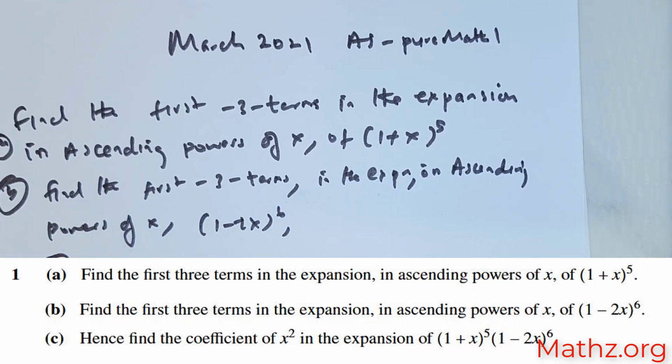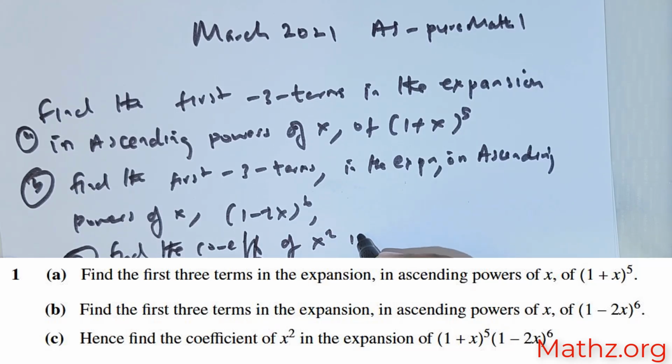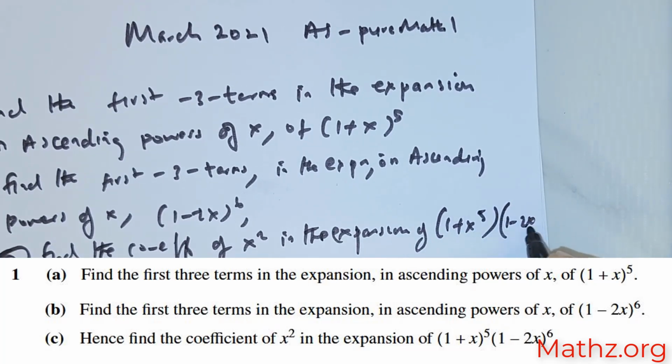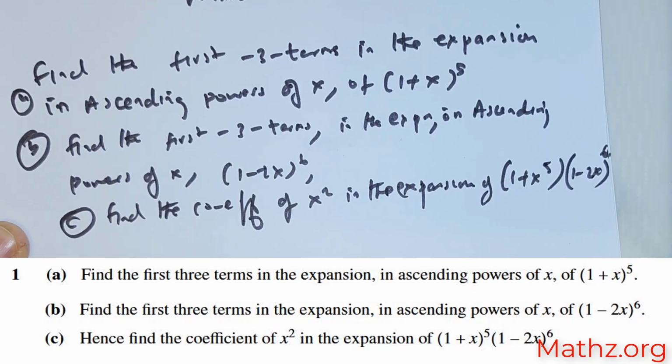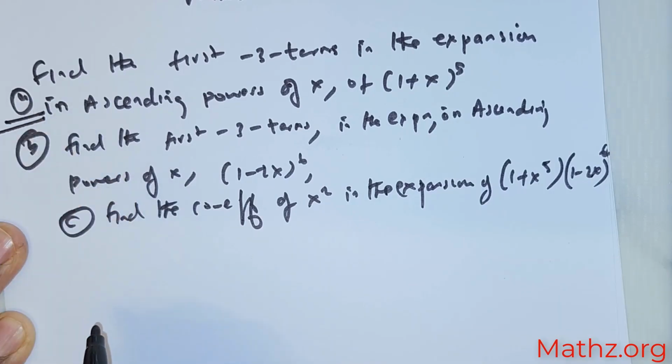And there is a third part. The third part of the question says find the coefficient of x raised to the power of 2 in the expansion of (1 + x) raised to the power of 5 multiplied with (1 - 2x) raised to the power of 6. Okay. Now let me handle part A.